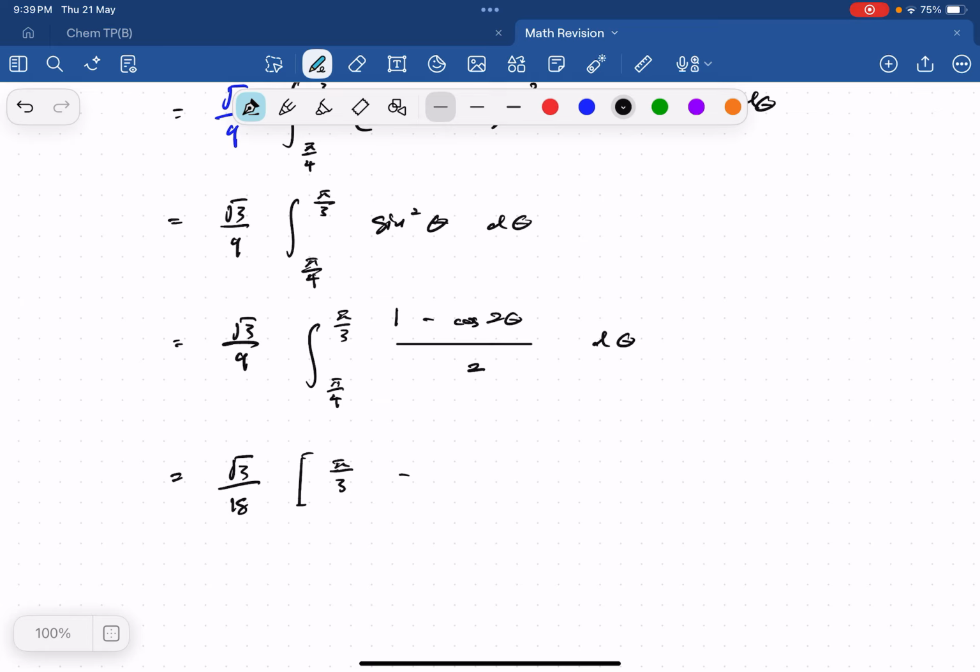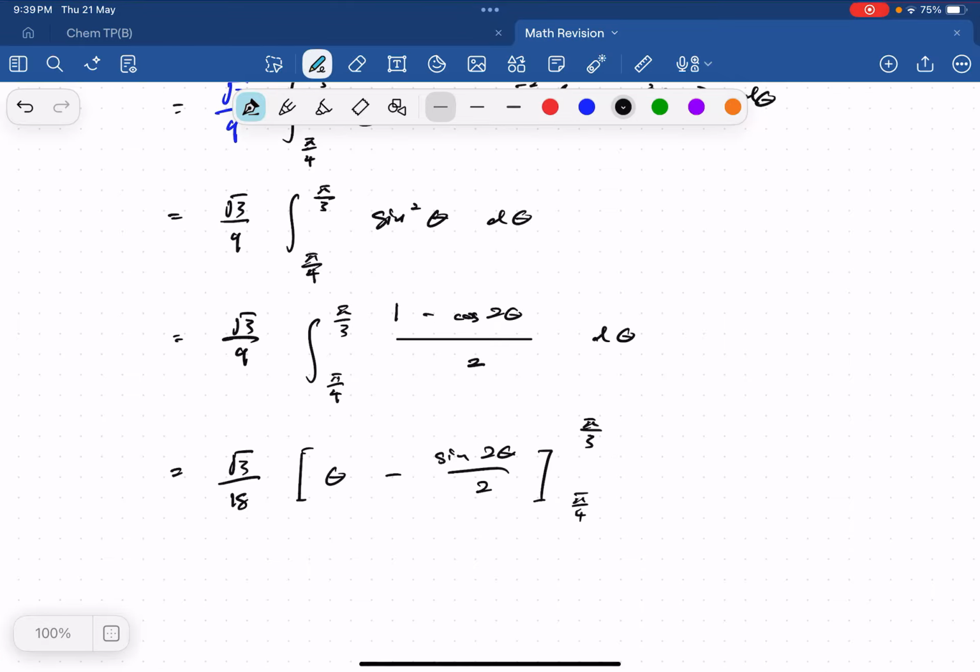No, I skipped a step. When you integrate this, you will end up getting theta over 18, right? Yeah, because I took the half out. Then sine 2 theta over 2. Sorry, I got ahead of myself there. Got too excited. So now I can sub in, right?